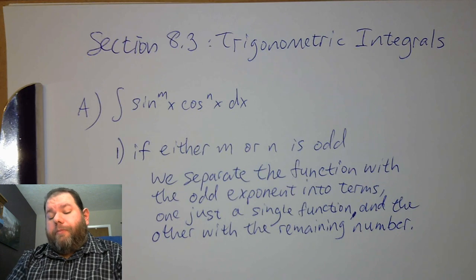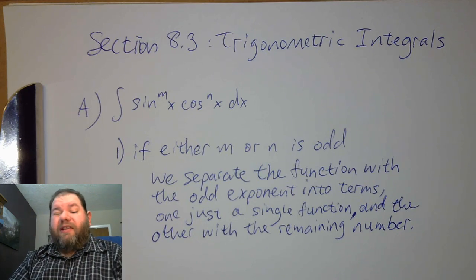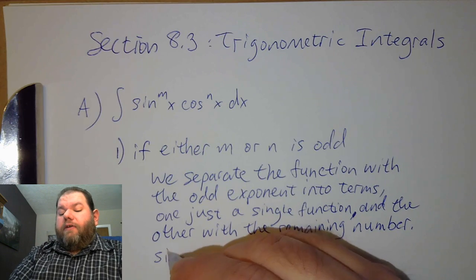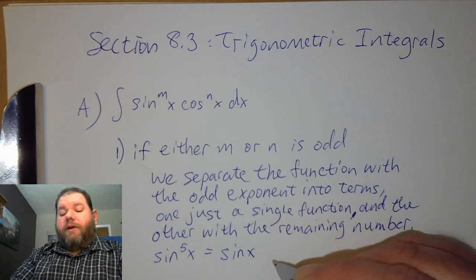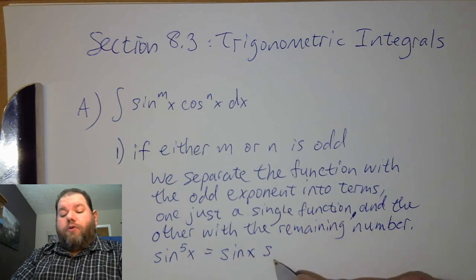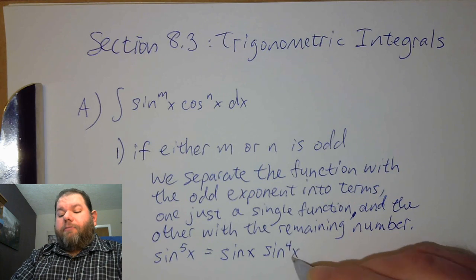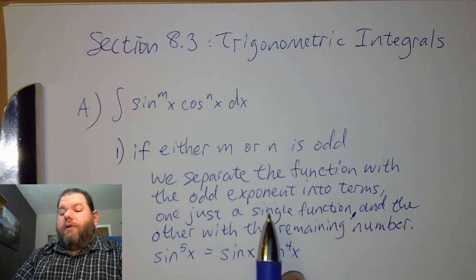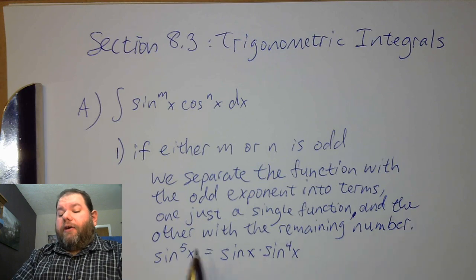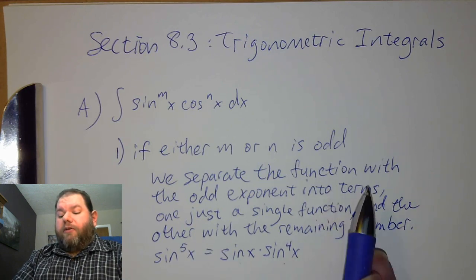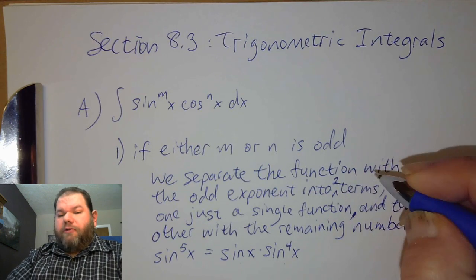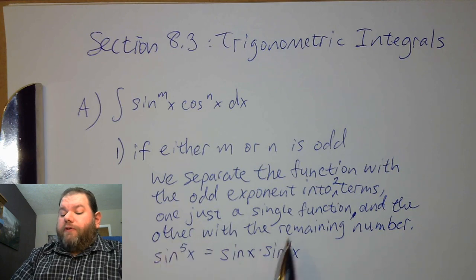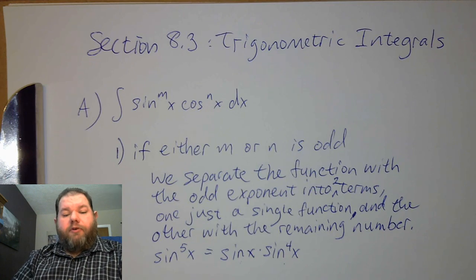What I mean here, let's say, for instance, we have sine to the fifth of x. That means we want a single sine x by itself, and the remaining 4 sine x's we'll put together as a separate term. So we split it into 2 terms, one with just a single function and the other with the remaining number, which would be the other 4 that are still left over from the original 5.